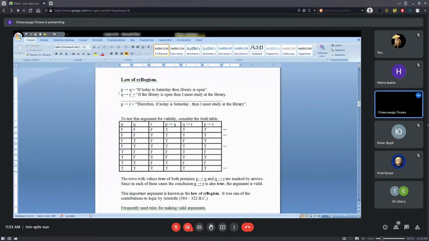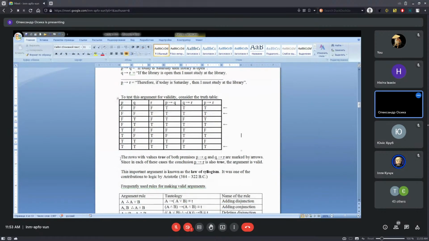No, it is a very persuasive argument. The rows with the value true in both premises are marked with arrows. This important argument is known as the law of syllogism.